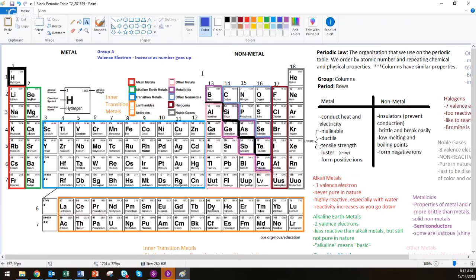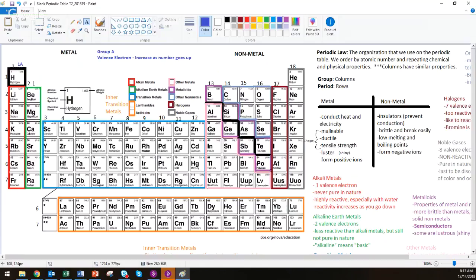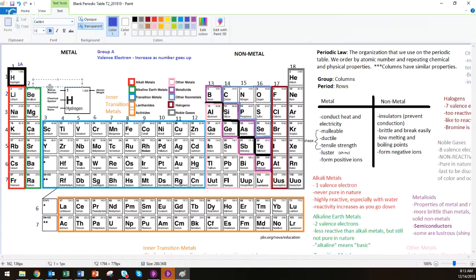But group A, so if you recall, I left some extra space over here in our numbering. And that is because some of these groups have A designations.